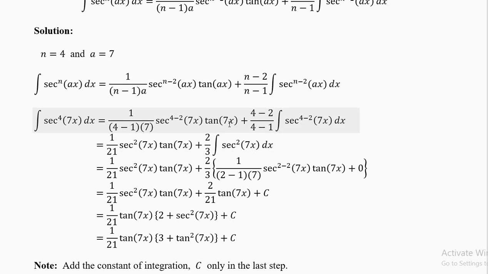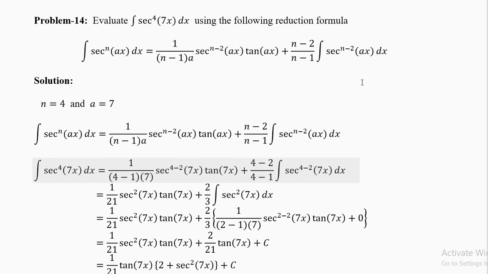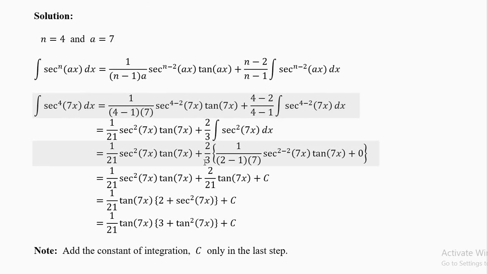Now this secant square, again you are going to use the reduction formula. Don't try any other techniques. This 2 by 3 is outside the integral, so put it outside the bracket. Now again put the reduction formula. So n equal to 2, 1 over n minus 1 into a, 2 minus 1 is 1, 1 into 7 is 7. So inside the integral you will get 1 over 7 and 2 by 3 into 1 by 7 is 2 by 21.